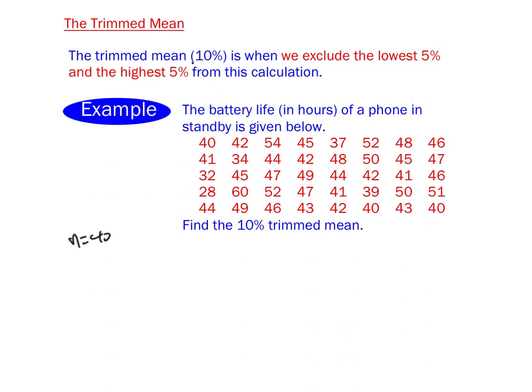So if we are doing 10%, what's 10% of 40? What do you think? Very good. If you're not sure, just so we know what percent means: percent means out of 100.